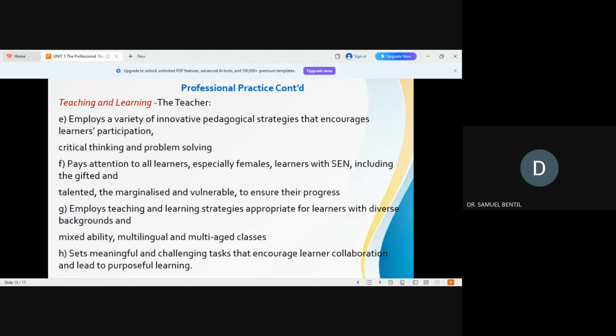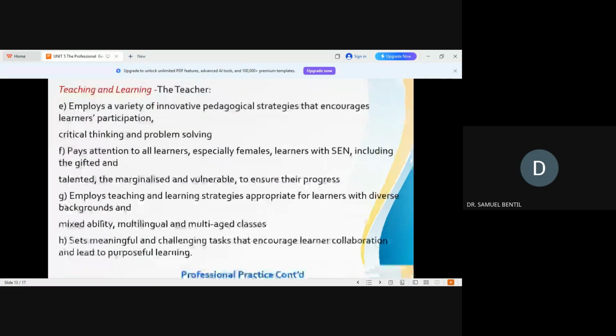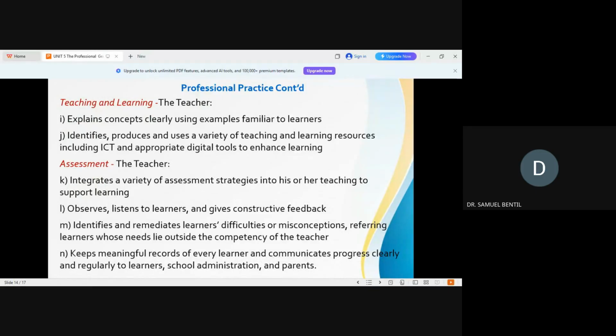You must also set meaningful and challenging tasks that encourage learner collaboration and lead to purposeful learning. Also, the teacher must explain concepts clearly using examples familiar to students. Yes, that's why we use examples within their daily environment that they can easily relate with.